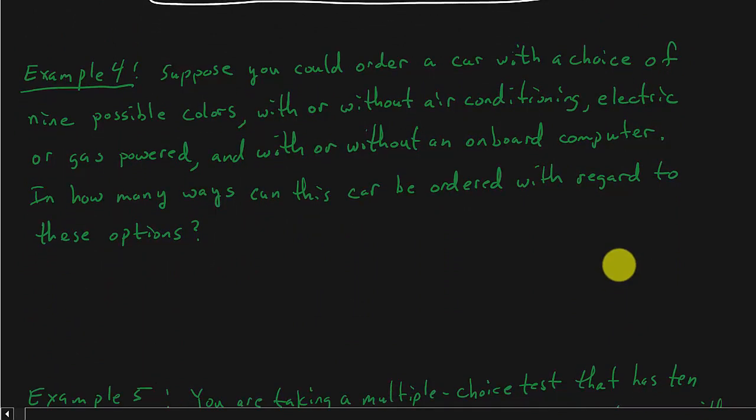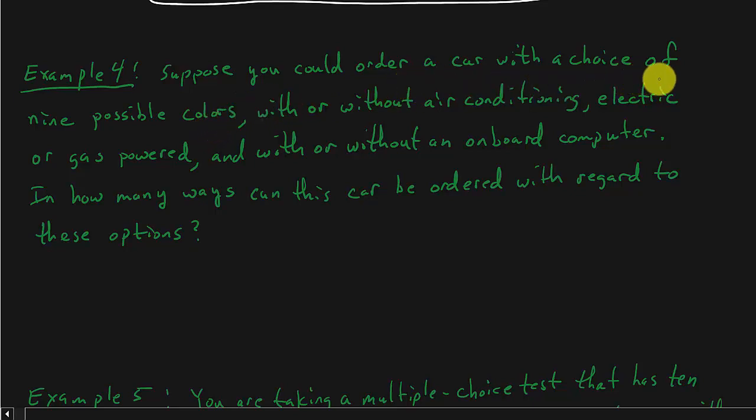Let's look at this one. Suppose you could order a car with a choice of 9 possible colors, with or without air conditioning, electric or gas powered, and with or without an onboard computer. How many ways can this car be ordered with regard to these options?